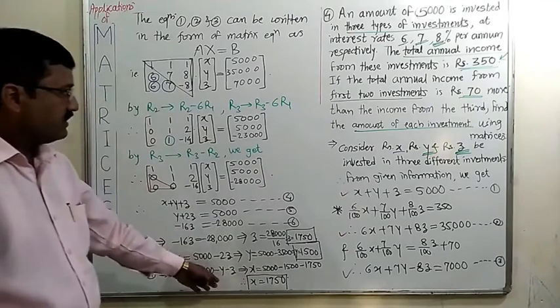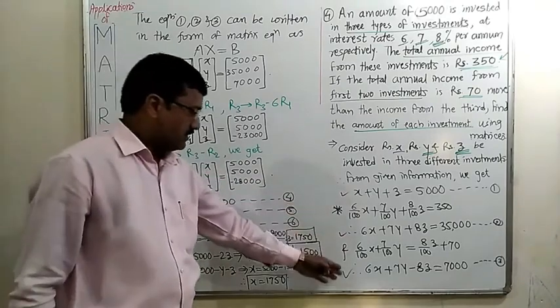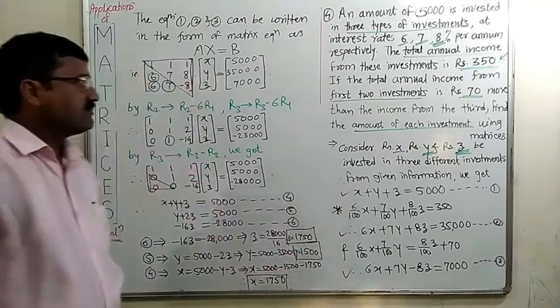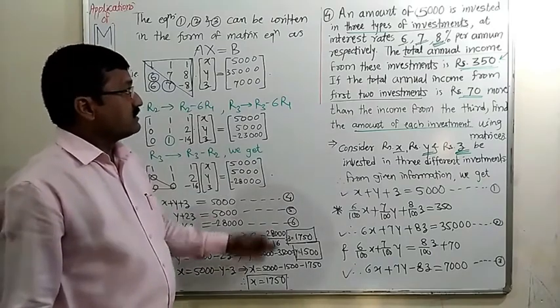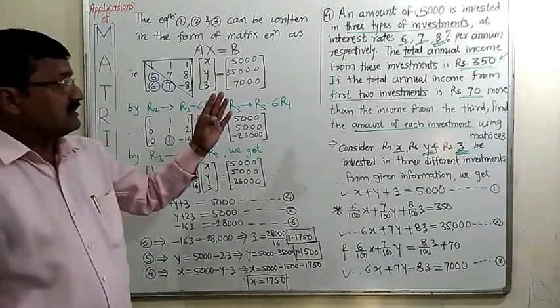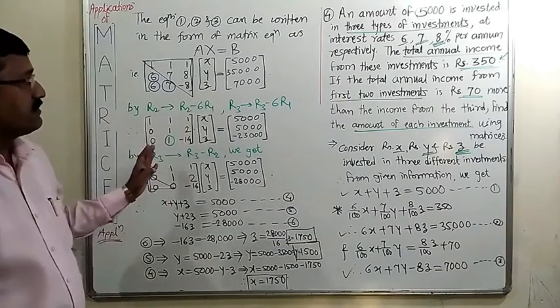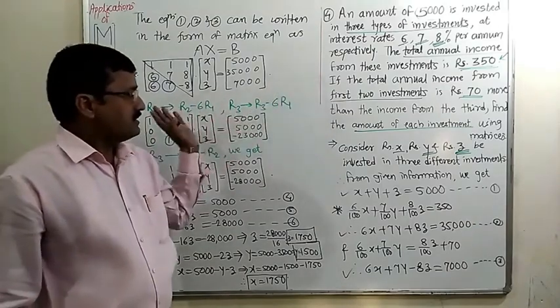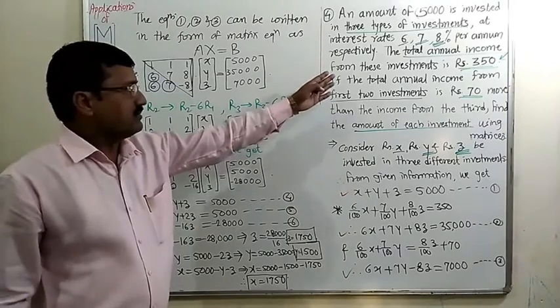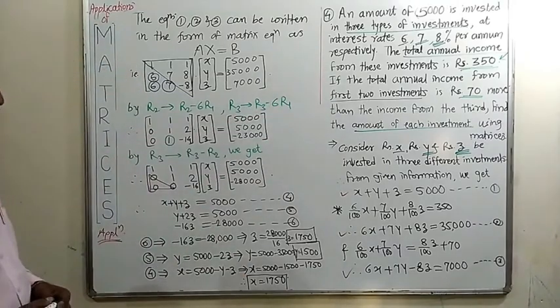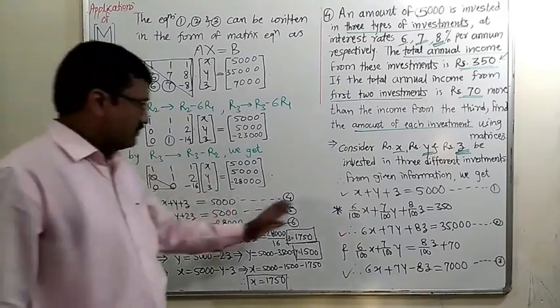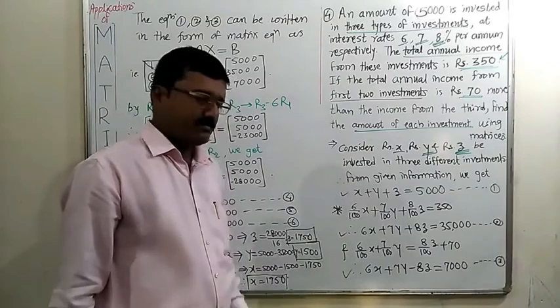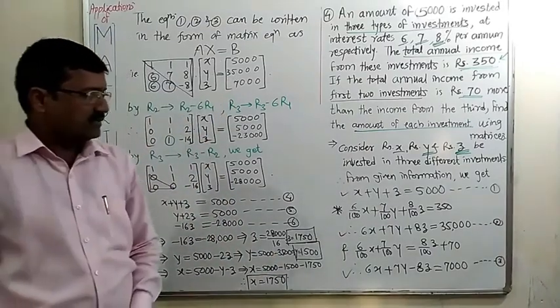You can verify these values by putting them in these three equations, and you can get the satisfaction. In this way we have solved example number 4, which is based on investment. So after forming these three simultaneous equations, the further method is the same.